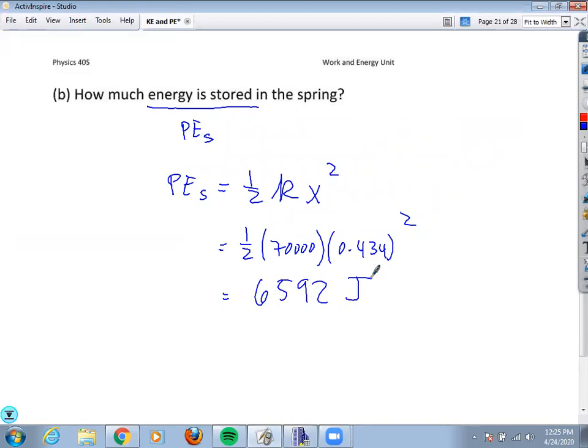We'll leave it at that. So 6,592 joules. We do have to round to 1 sig fig, so that'll be 6,000 joules. Again, you can see when you have to go to the least number of sig figs, it really changes the value. But that would be the amount of energy that's stored, and it would be a plus because, of course, the spring has been compressed.